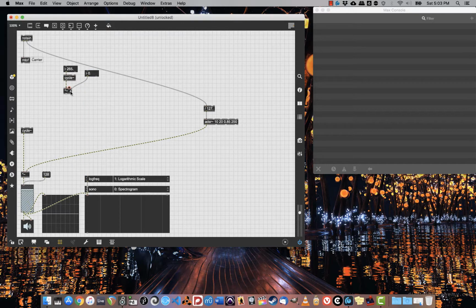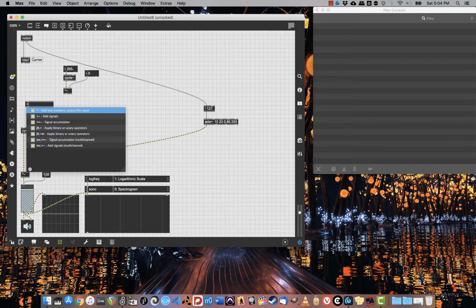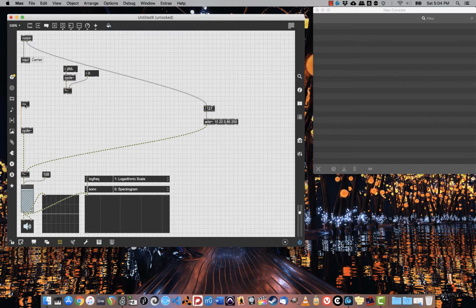With frequency modulation, what is happening is that we are going to take the frequency from our carrier and we're going to change that, or modulate it, by adding what is coming out of a second sine wave. That's why we're using the plus tilde, and that's going to go into here.